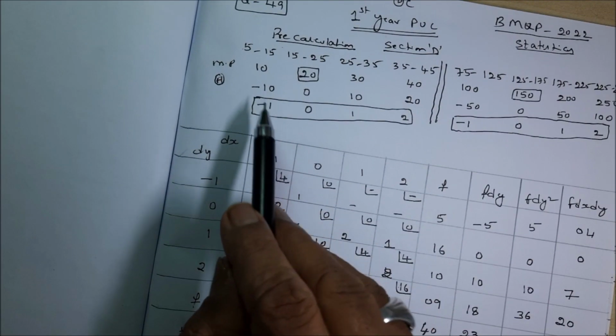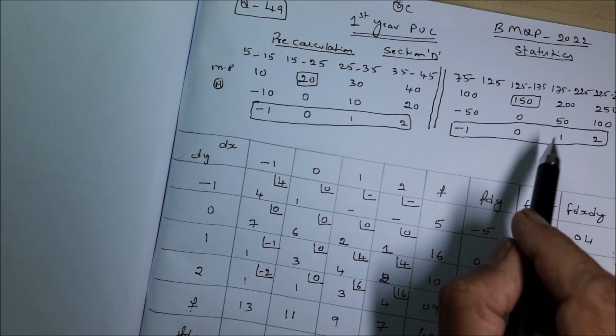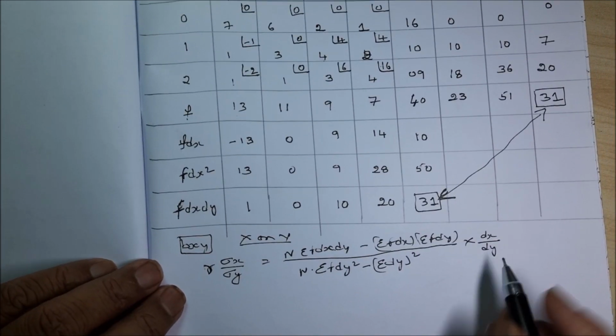Here we have taken 10 as common divider, here we have taken common divider only 100, so that is dx and dy.